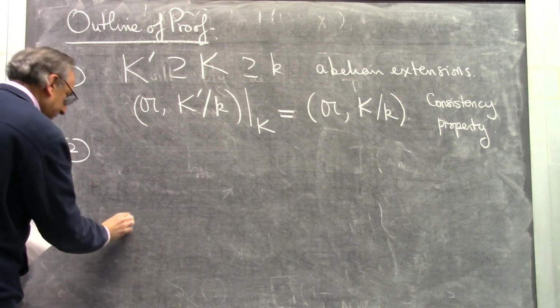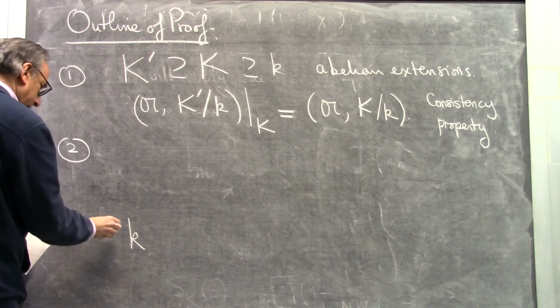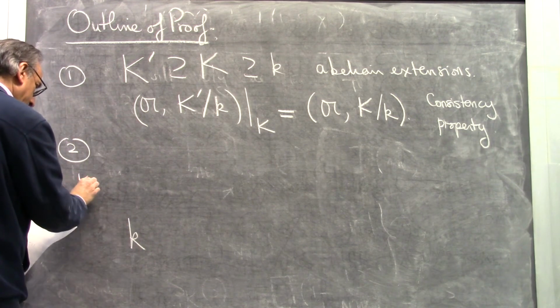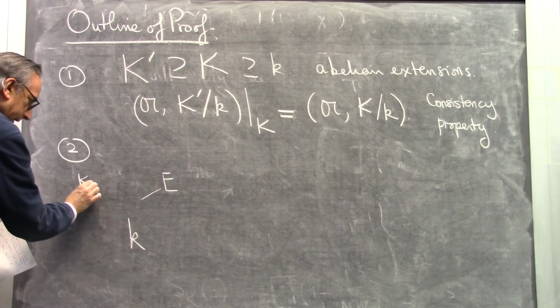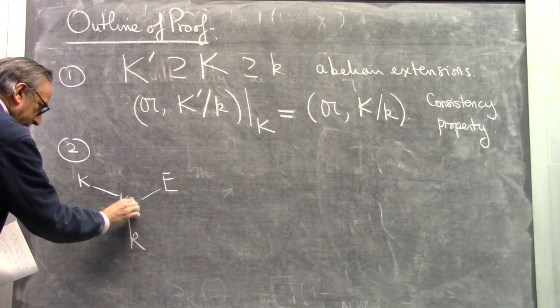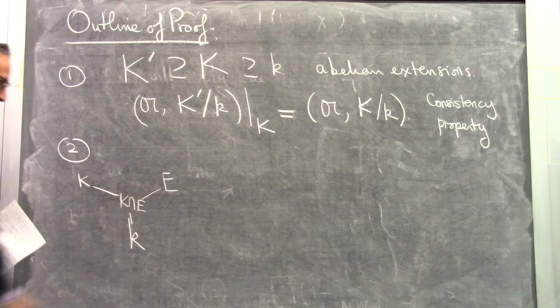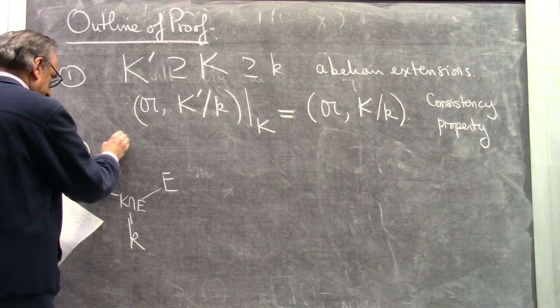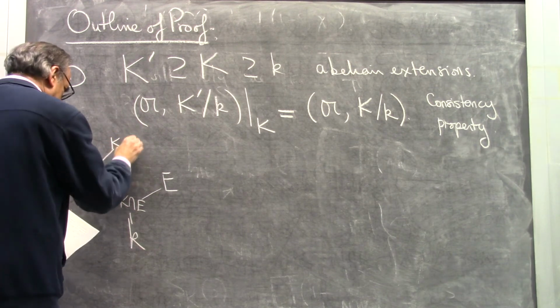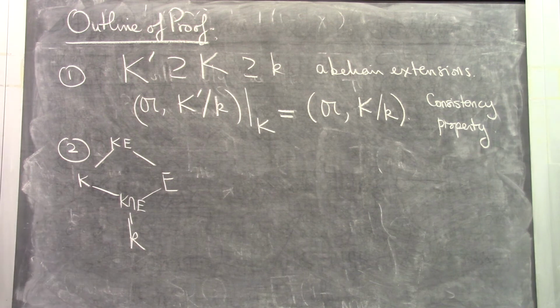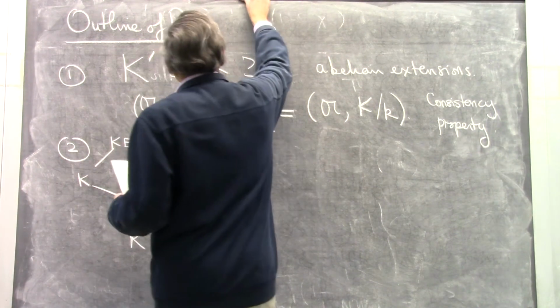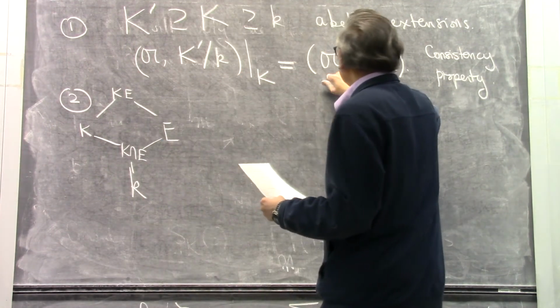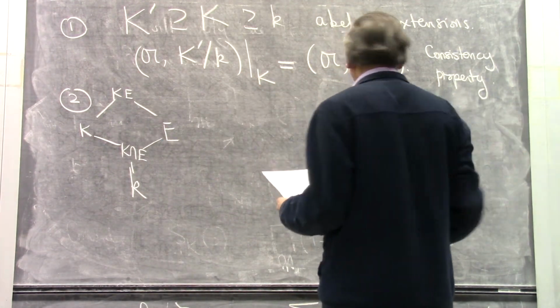And if I have a bunch of fields, so take little k here and capital K and E, and suppose they intersect in a field capital K intersect E, an extension of little k. As I mentioned, these theorems are easily proved just by going to the definition of the Artin symbol.